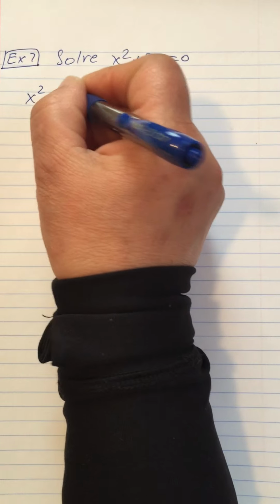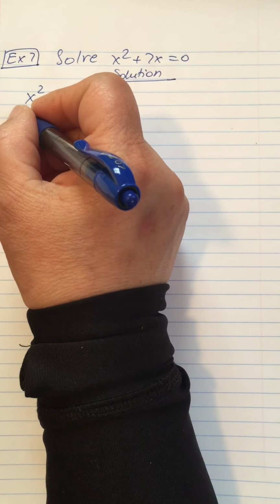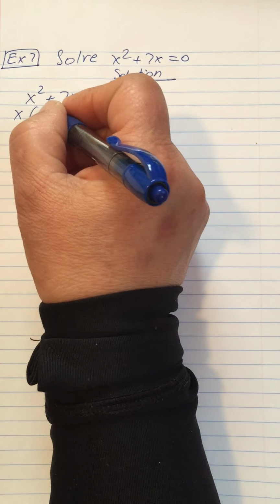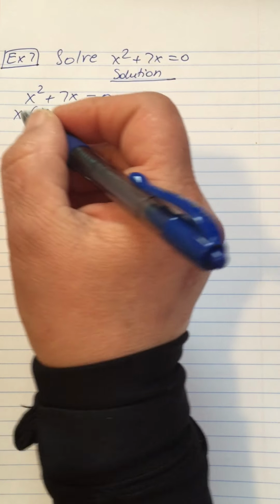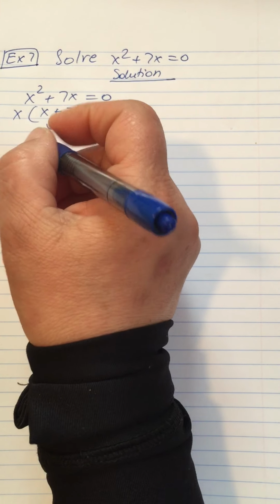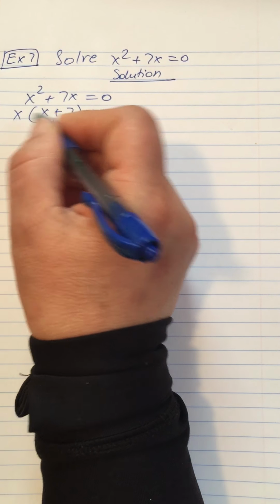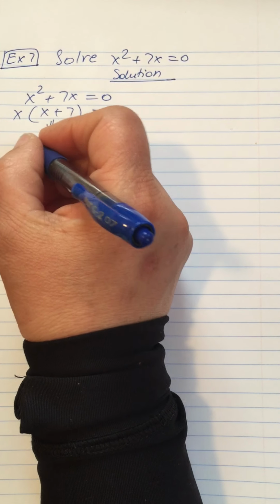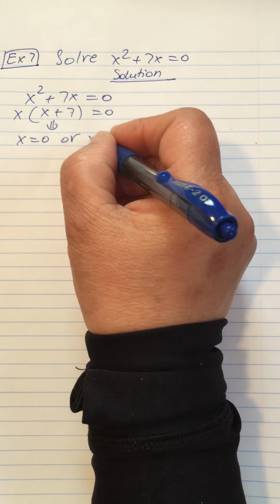So x squared plus 7x is equal to 0. I will factor the common factor, which is x. What is left? x plus 7 equal to 0. Now using the zero product principle, we say that maybe one of the factors will be 0 or the other, so x is equal to 0 or x plus 7 is equal to 0.